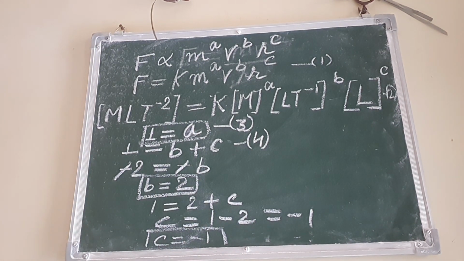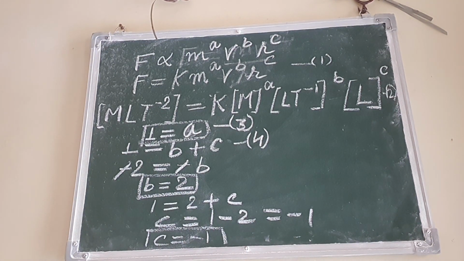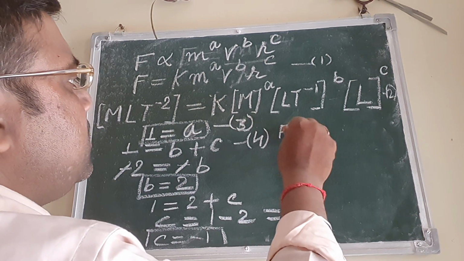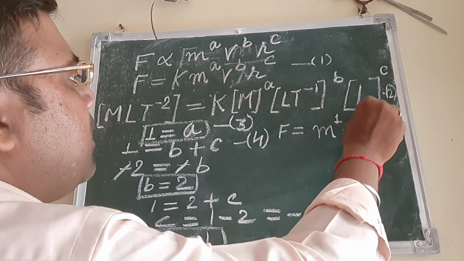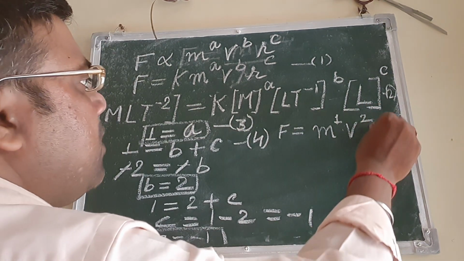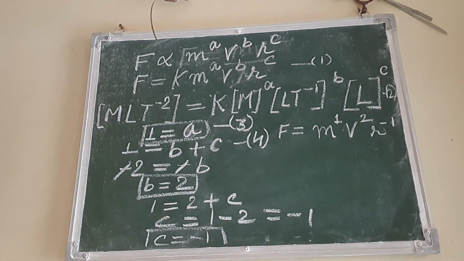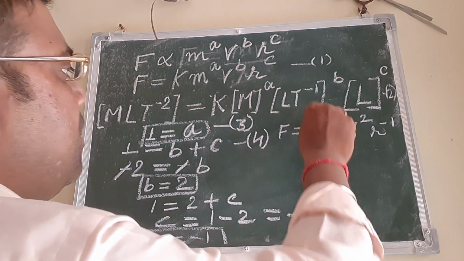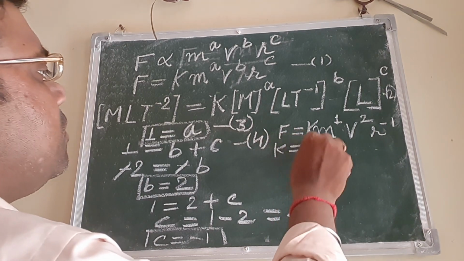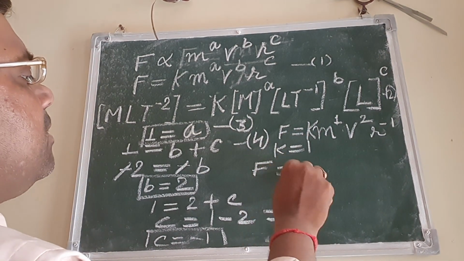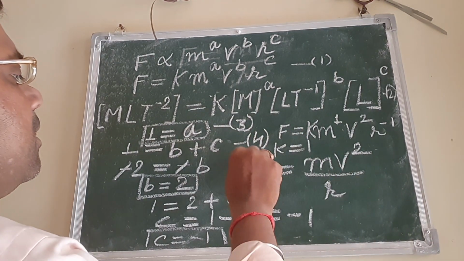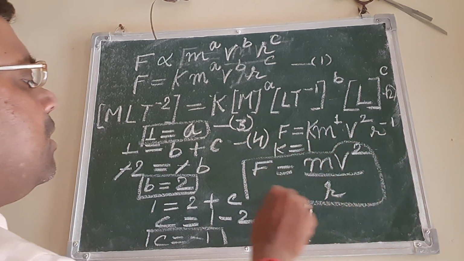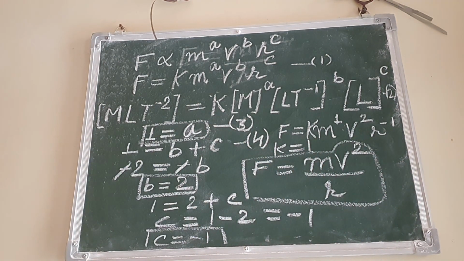We have found the values of a, b and c. Substituting these values in the first equation, we get f is equal to m raised to power 1, v raised to power 2, r raised to power minus 1. For simplicity, we are taking the value of k as 1. So arranging, we get f is equal to mv square by r. I think you all might have understood this question.